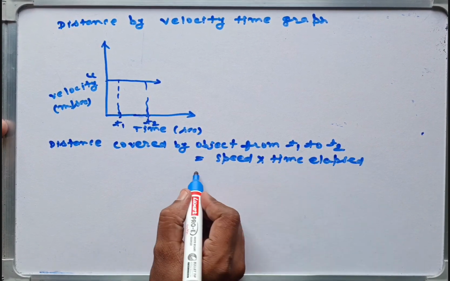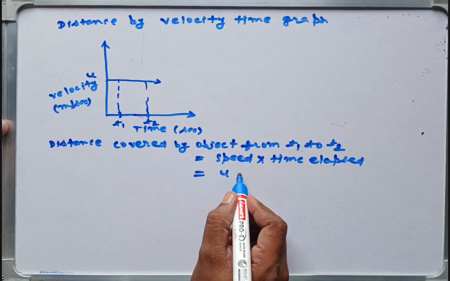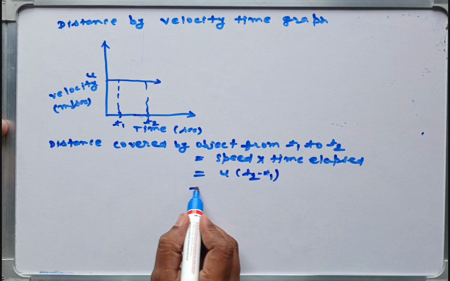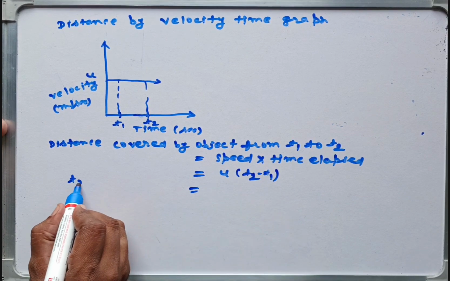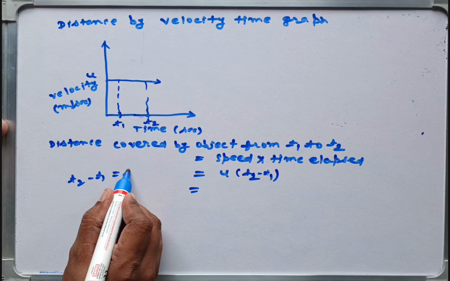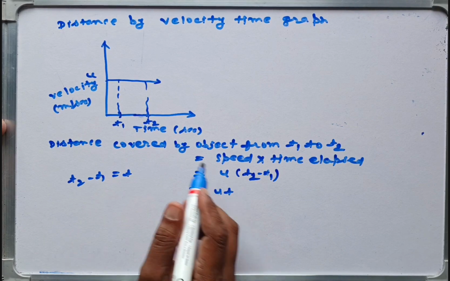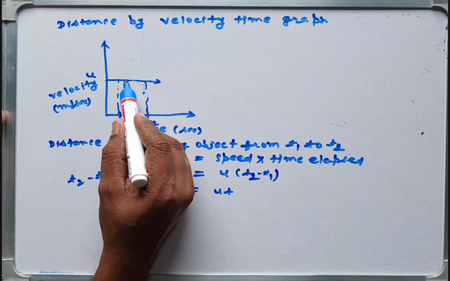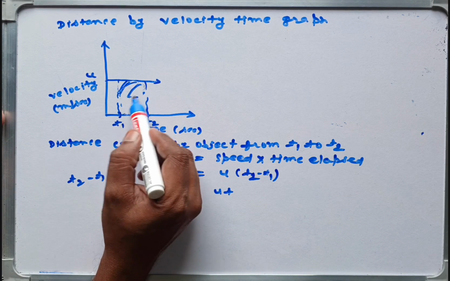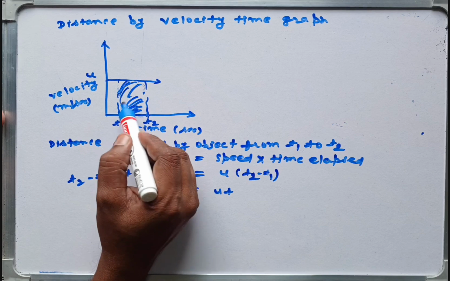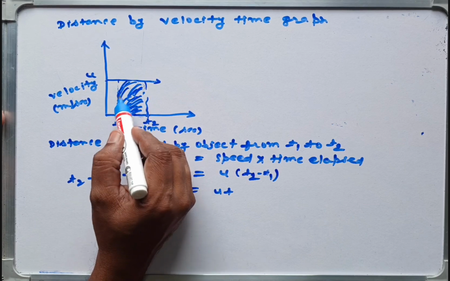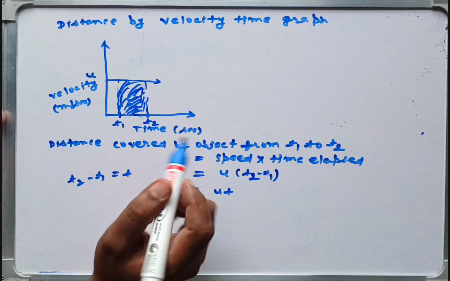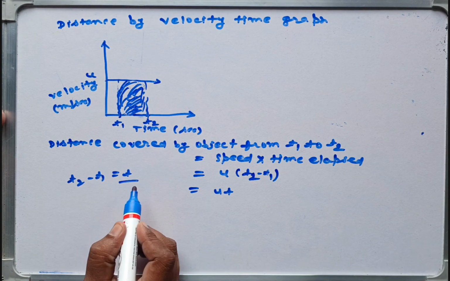So you can say this u is constant and this is t2 minus t1. If t2 minus t1 equals t, then this is ut. So what you conclude here guys, the area under this u and time will give you the distance covered by that object in time t.